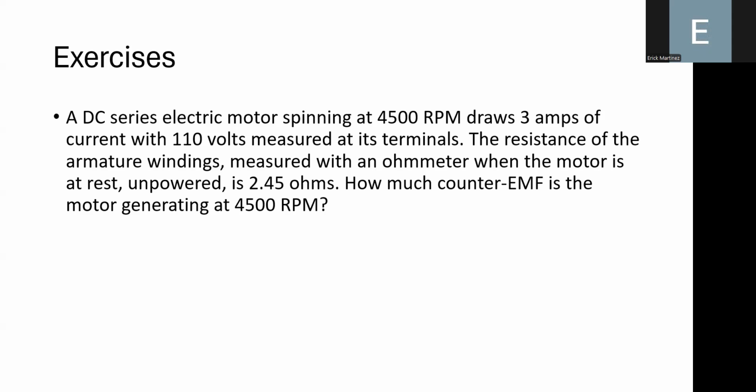And also, we know that the voltage of the motor is 110 volts. The resistance of the armature windings measured with an ohmmeter when the motor is at rest and power is 2.45 ohms.